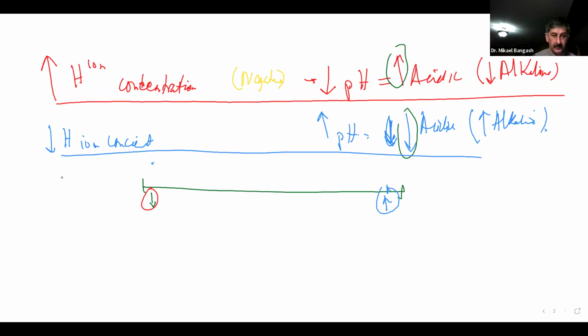In between the two, we have a neutral value. And what does it mean to be neutral? Neither acidic, neither alkaline. I'm not on one team, I'm not on another team.